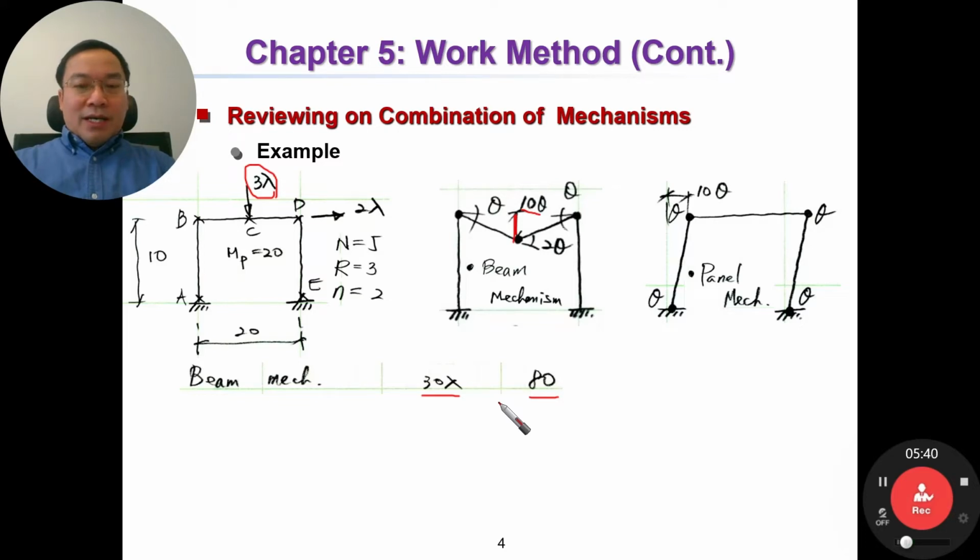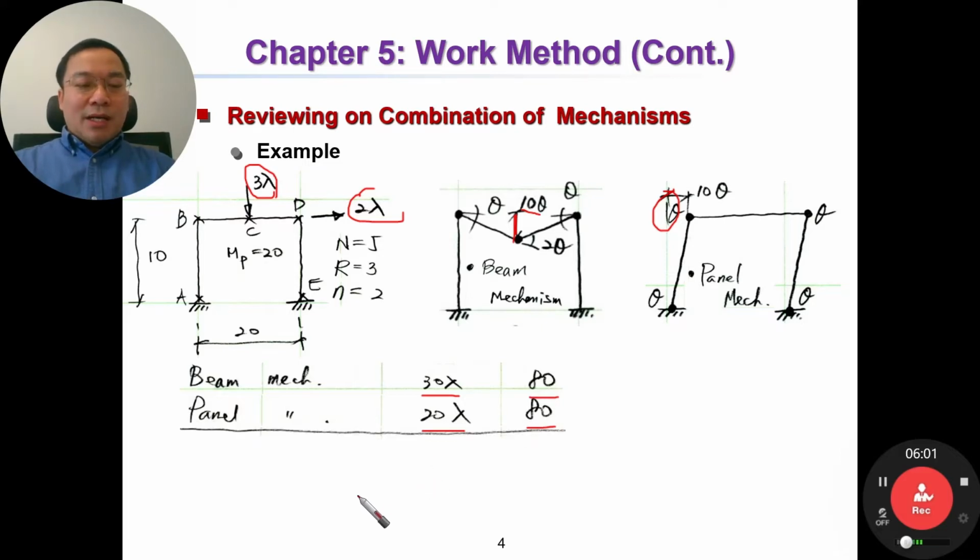For the panel mechanism, we have external work and internal work. The external work is due to this load and this displacement, and here is the internal work, 1, 2, 3, 4.